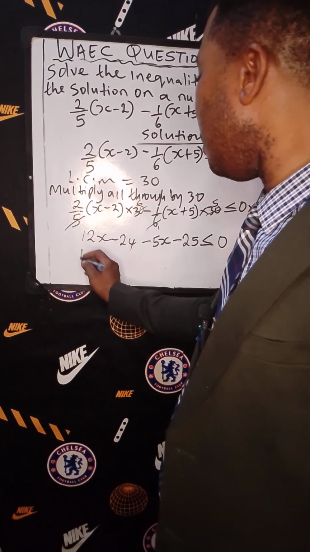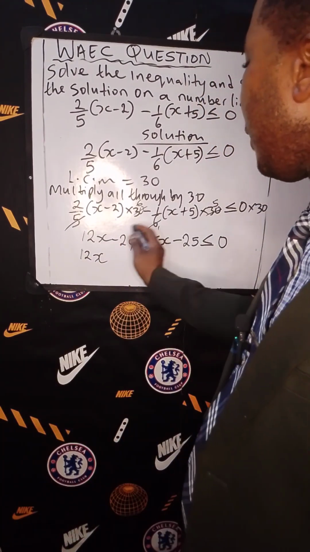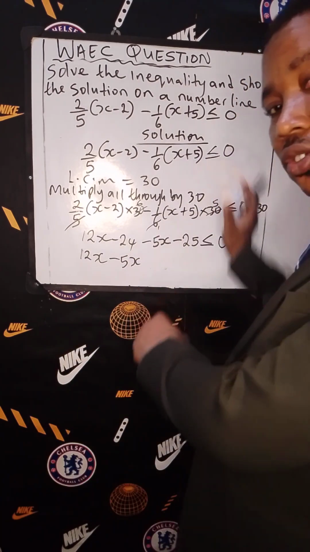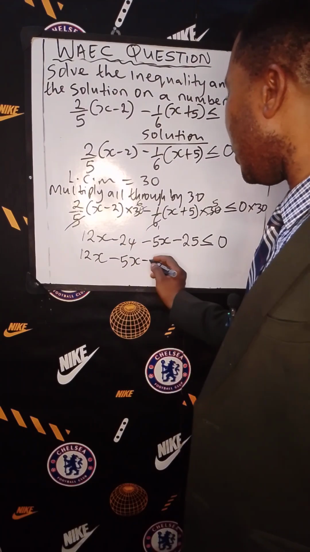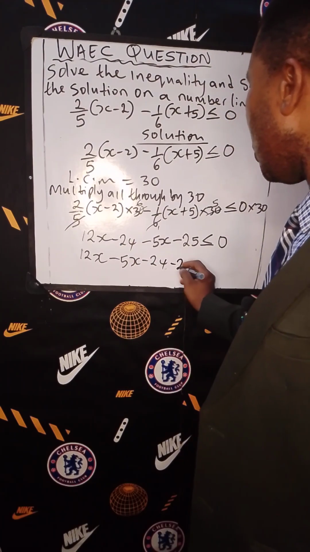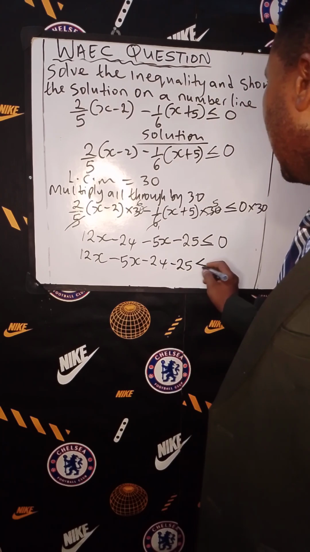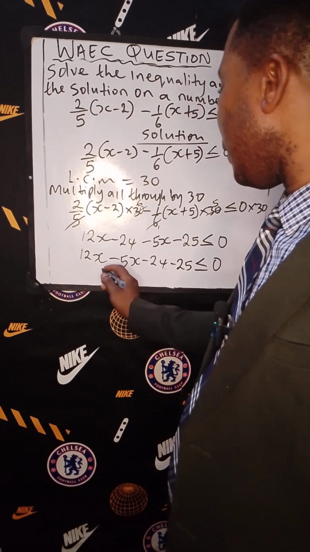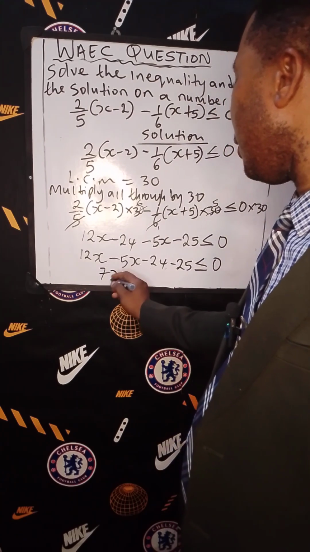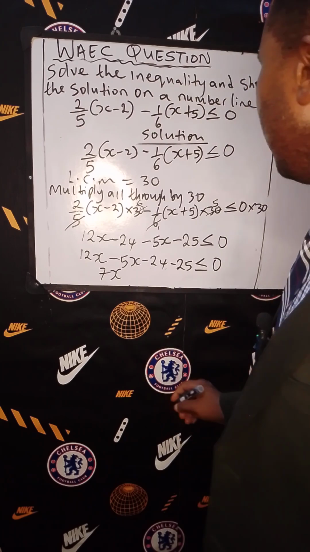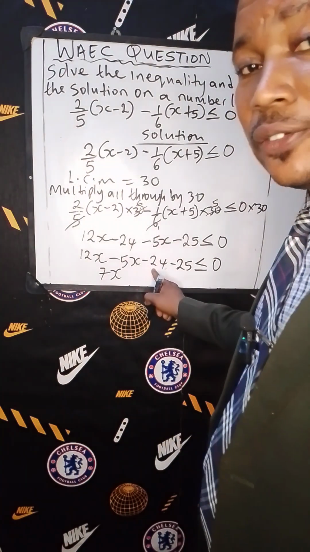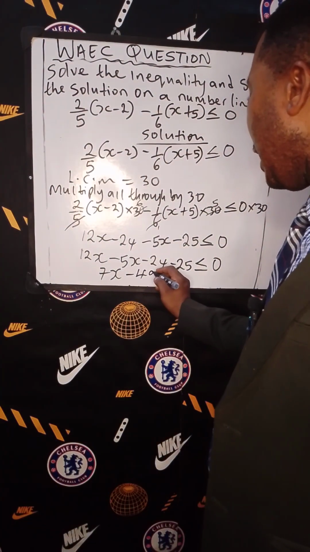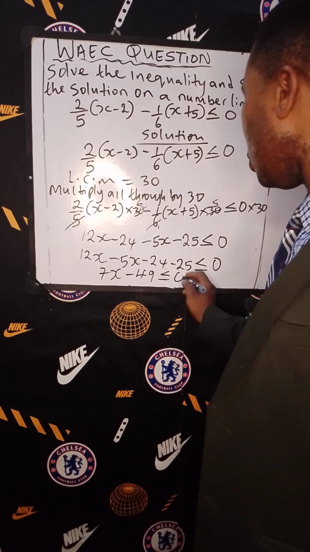Here we have 12x minus 5x, minus 24 minus 25, less than or equal to 0. 12x minus 5x gives us 7x, and minus 24 minus 25 gives us minus 49. Remember, it is less than or equal to 0.